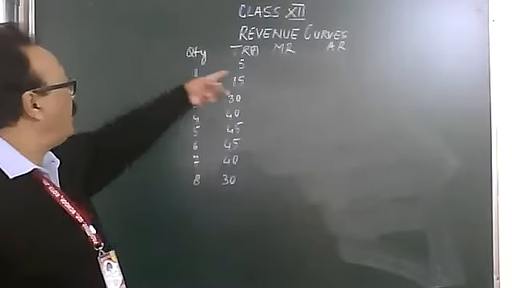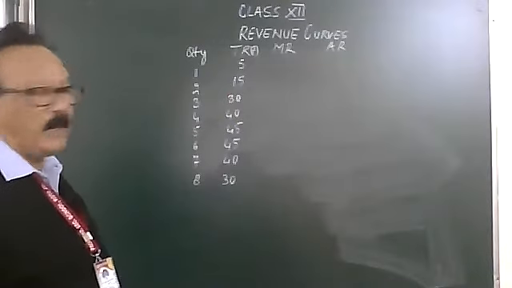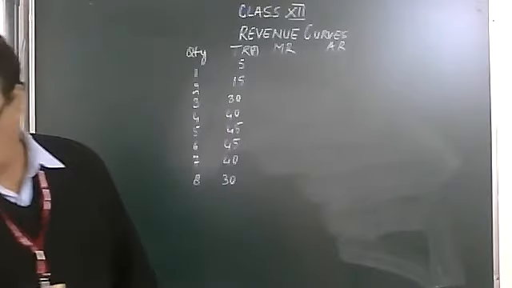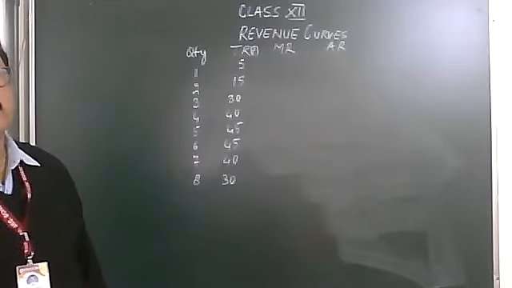When in one quantity the total revenue is 5, at 2 it is 15, at 3 it is 30 and so on. How do you calculate MR? MR is equal to TR n minus TR n minus 1.